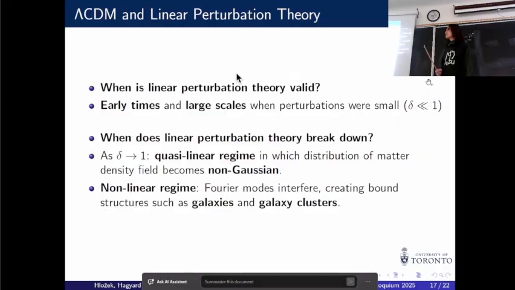So, in other words, the physical significance is that while linear perturbation theory is sufficient to describe matter density perturbations in the early universe, it becomes significantly inaccurate when you talk about later stages of the universe.